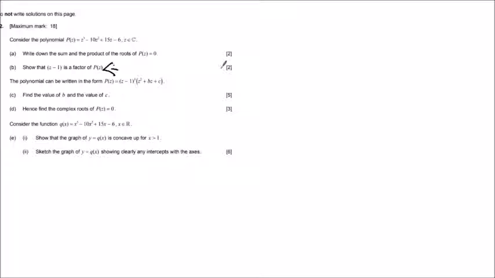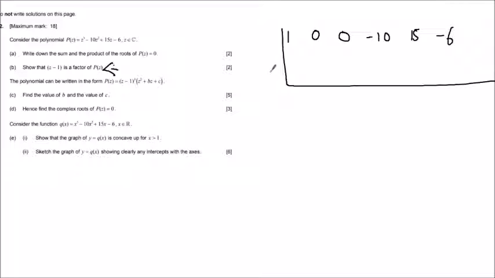So show that z minus 1 is a factor of p of z. First of all, we can divide, or we can just put 1 in and show that it's equal to 0. I'm actually going to divide, and I'm going to use synthetic division to do that. I put 1 here, then 1, 1, 1, 1, 1 minus 9, then take minus 9 in, you get 6, and then 6, 0.